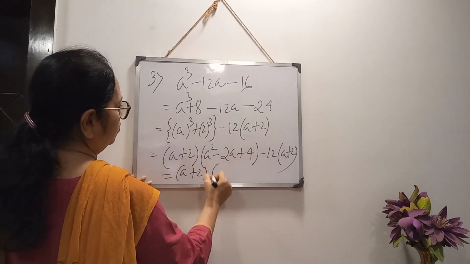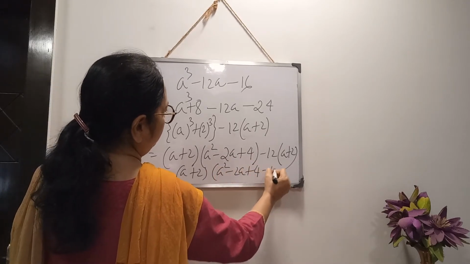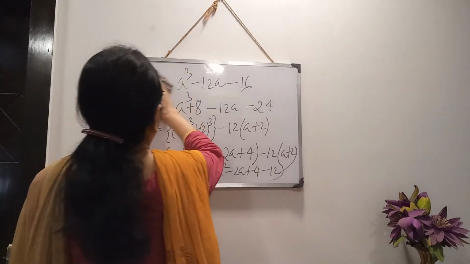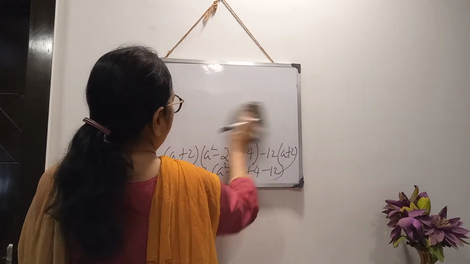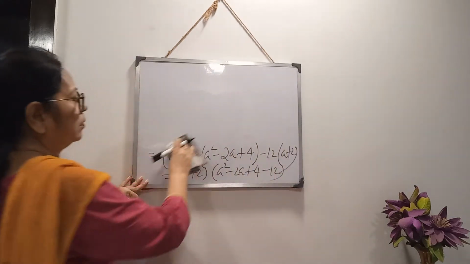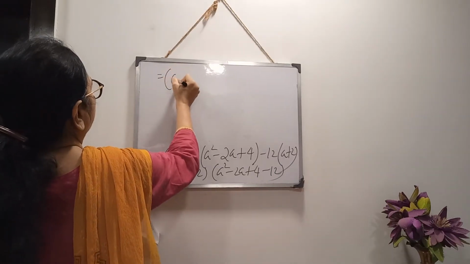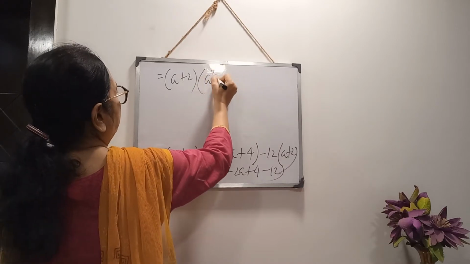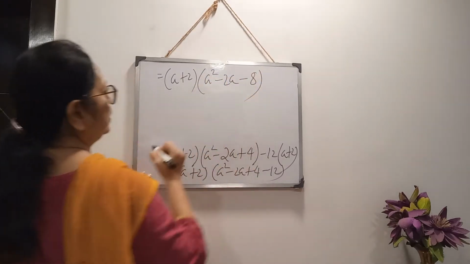A plus 2 common, it is a square minus 2a plus 4 minus 12. Then a square minus 2a minus 8.